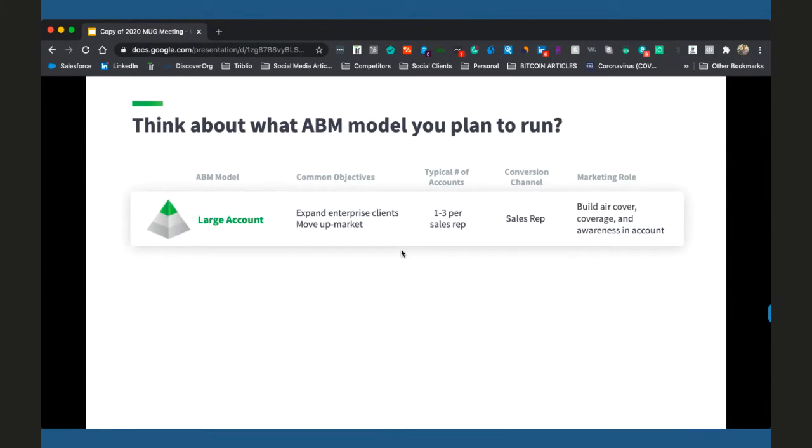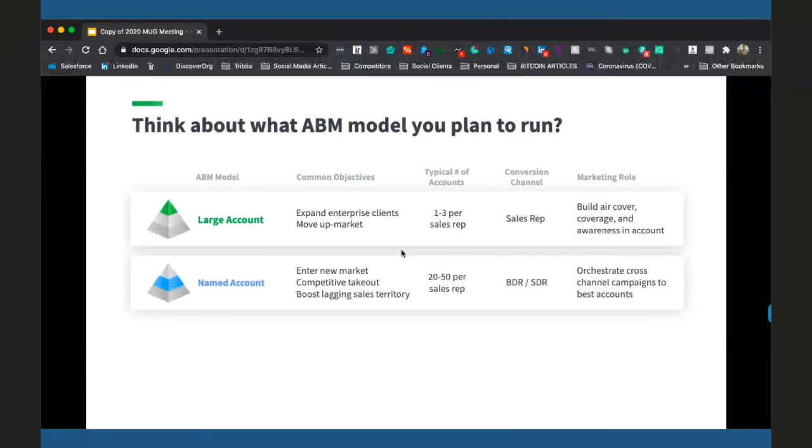Most of your efforts there will be around how to help sales get these larger accounts to virtual roundtables, or how to get these very large target accounts to take a meeting with your sales team. Named account ABM is characterized by a significantly larger list.